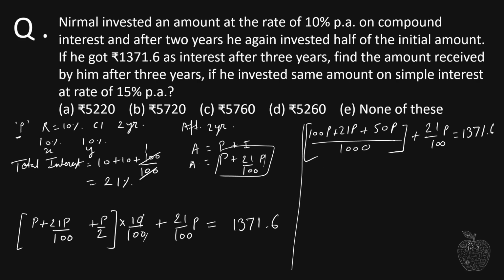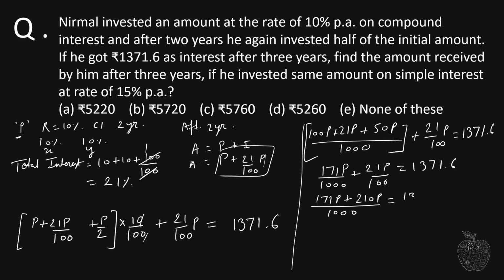Now 100 plus 50 plus 21, we get 171P over 1000 plus 21P over 100, which is equal to 1371.6. Again the LCM is 1000, so we get 171P plus 10 multiplied by 21, we get 210P, is equal to 1371.6, so this 1000 gets multiplied here, and removing one decimal we remove one 0.